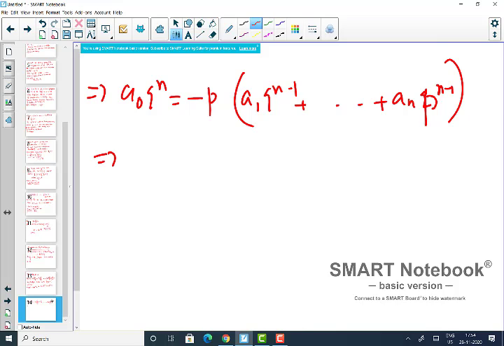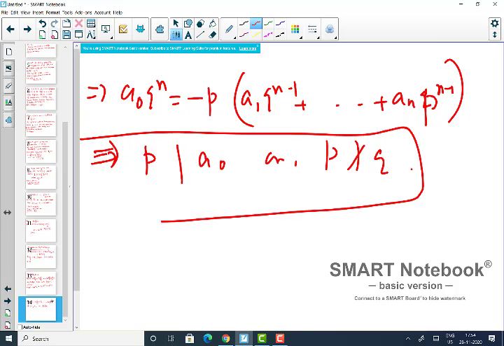What does that mean? This implies p divides a0 as p does not divide q, right? So this is one criterion that you should get: if something is a root, then the numerator must divide the constant term.